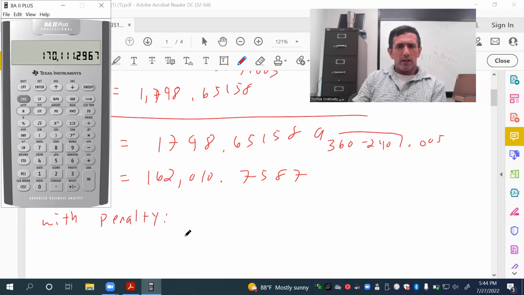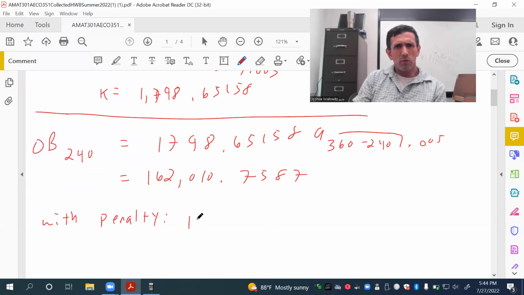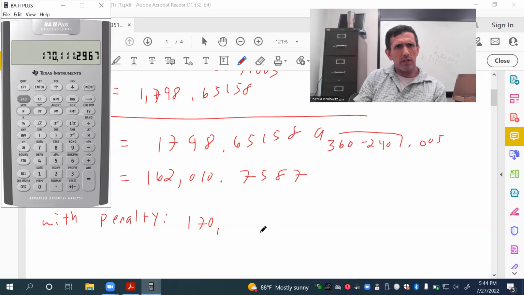You can take 5% of this, that's your penalty, plus this. Same thing as 1.05 times this. So it's 170,111.2967.